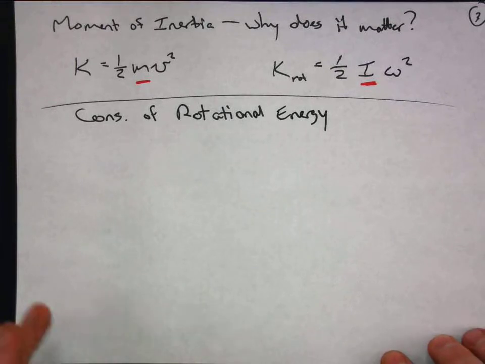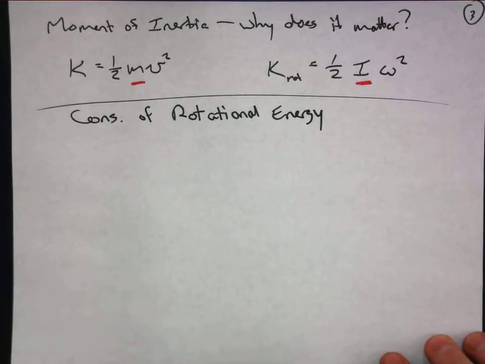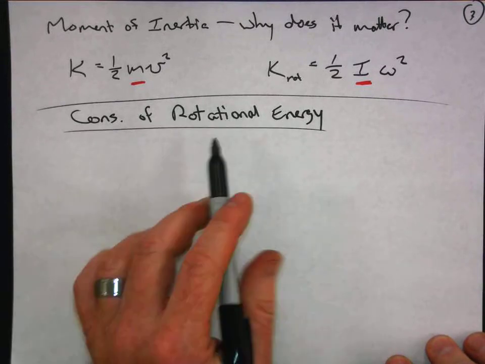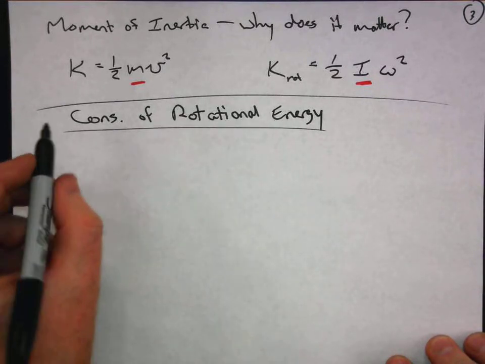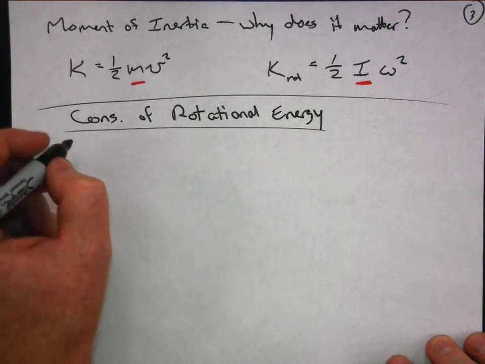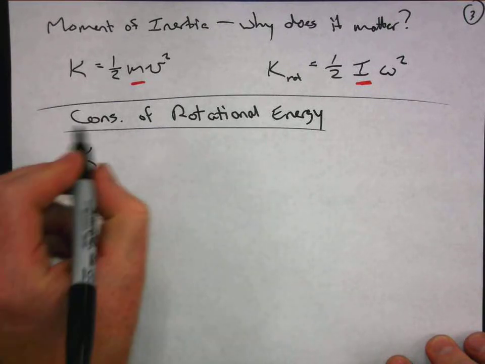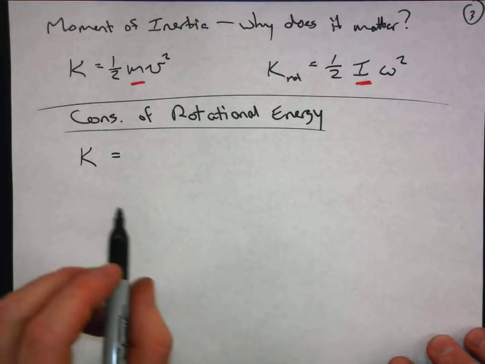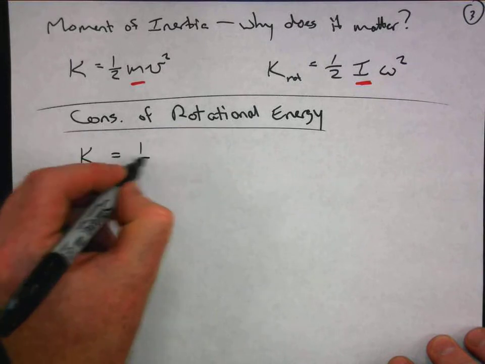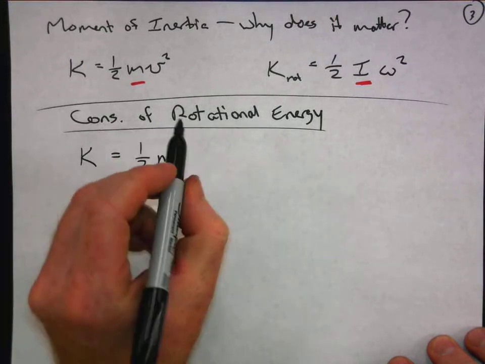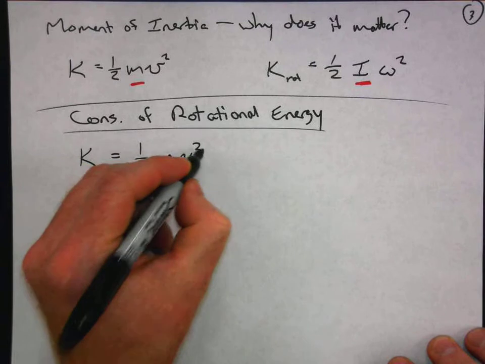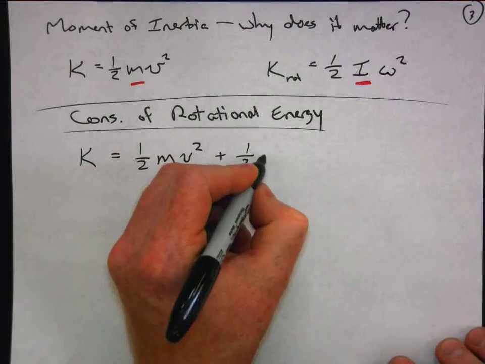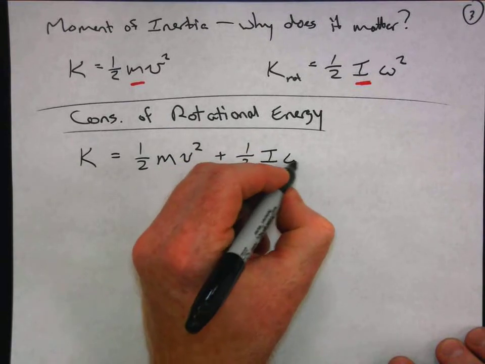Right. So we want to look at what the kinetic energy of a rolling object is going to be. With a rolling object, you have both translation and rotation taking place simultaneously. So the total kinetic energy of a rolling object, where there's no slipping, it's pure roll, is going to have the translational component of that kinetic energy, but we are also going to have the rotational component of that kinetic energy.